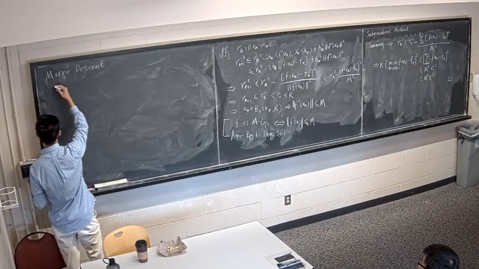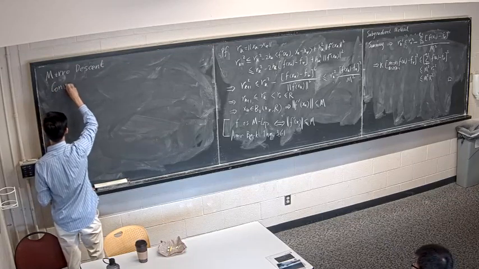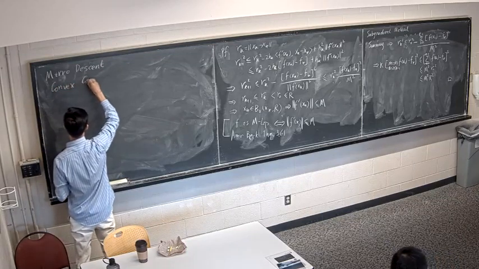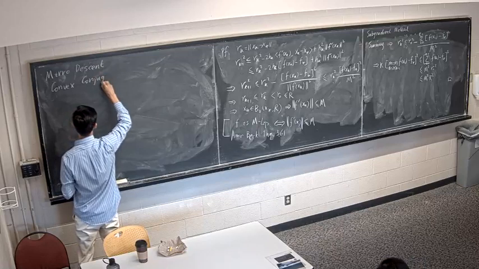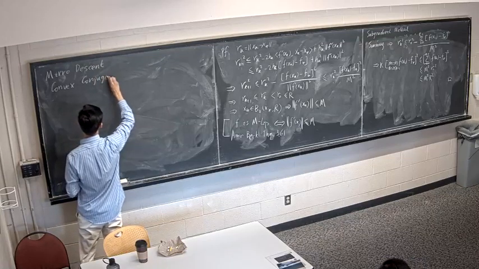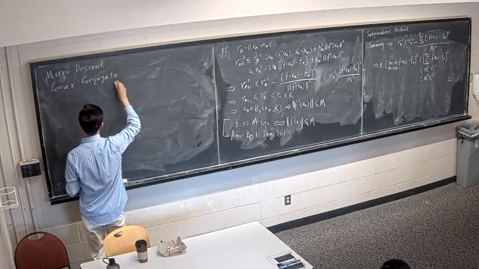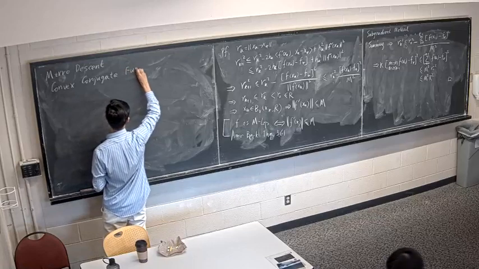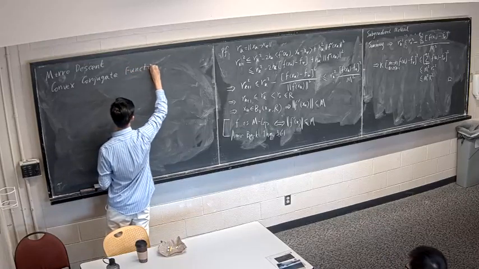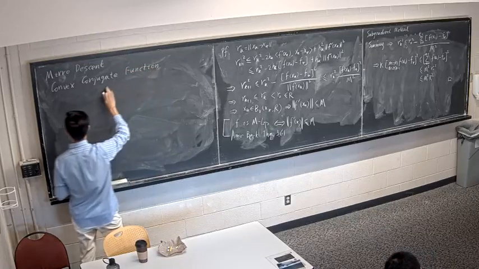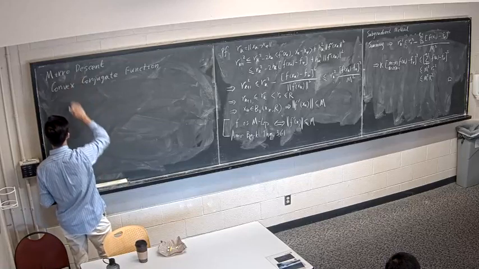Let's first talk about a notion called the convex conjugate. This will be very useful in the analysis of mirror descent.